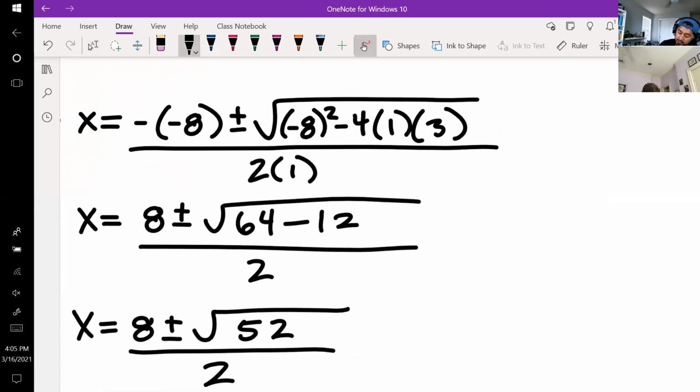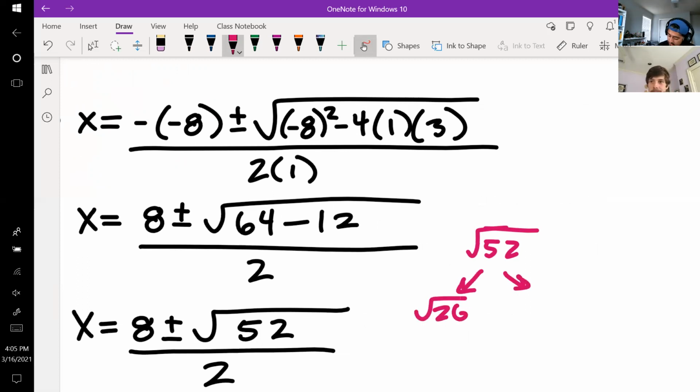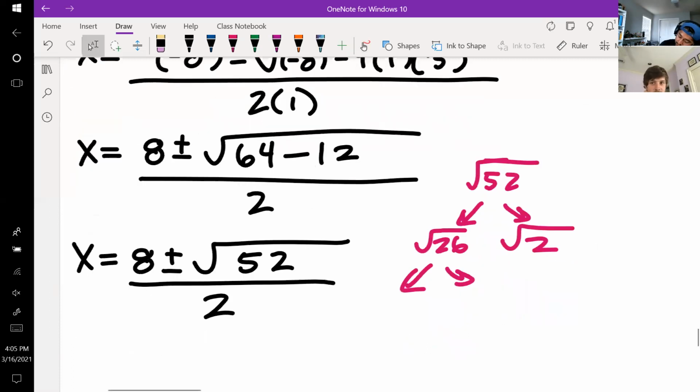Now, the question is, can you break down the square root of 52? 26 and 2. Good. Can you break 26 down more? 13 and 2.